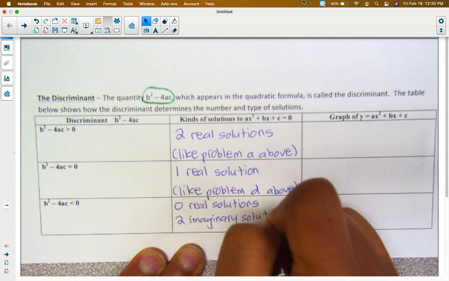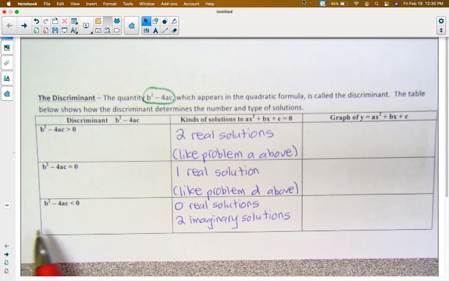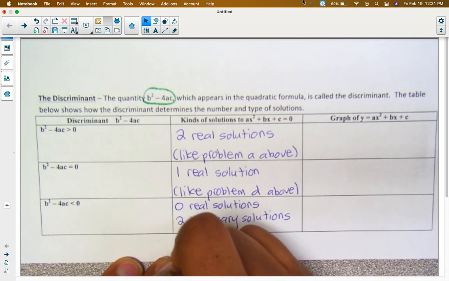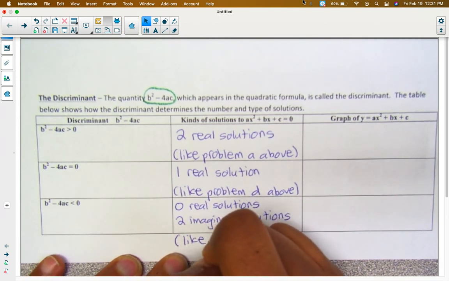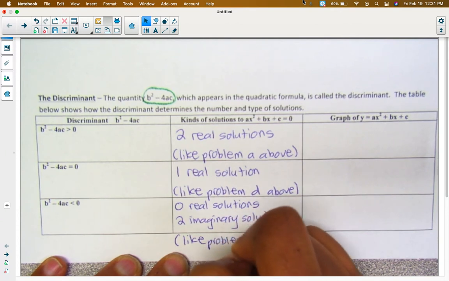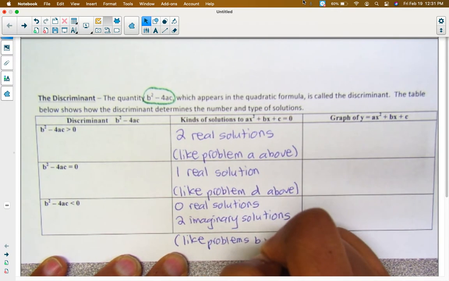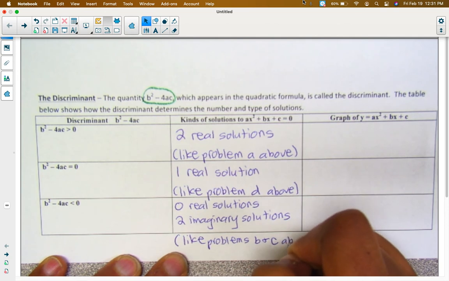If your discriminant is something less than 0, meaning a negative number, then it does not cross the x-axis. There are 0 real solutions. There are 2 imaginary solutions. And we had 2 examples like that above, which would have been problems B and C above.